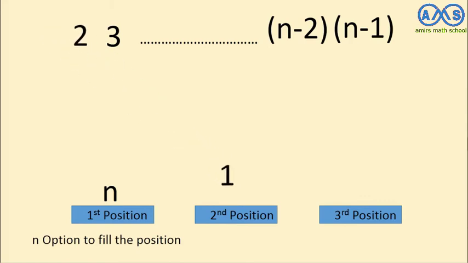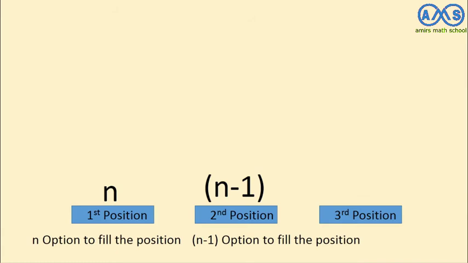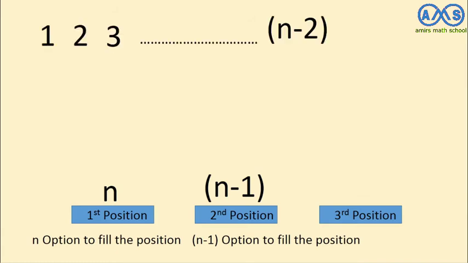So for the second position, we have n minus 1 options. If we fill the second position with n minus 1, then for the third position we have n minus 2 and so on down to 3, 2 and 1.